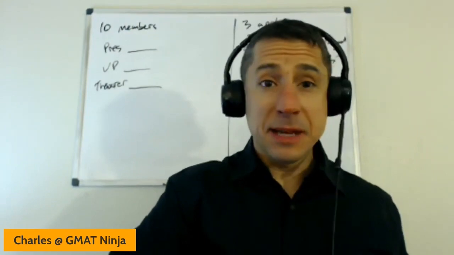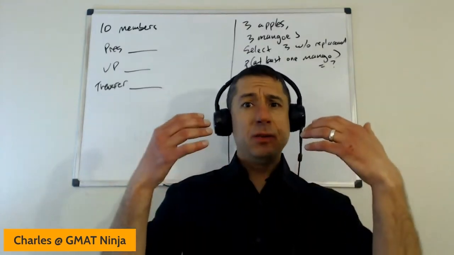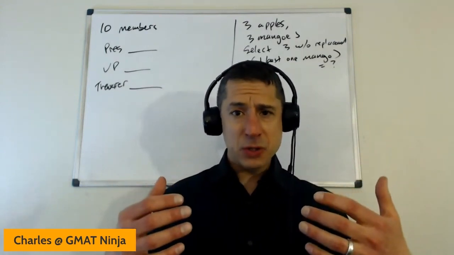All right, looks like time's up. Okay, so theme today: what is it that you're doing wrong in probability and combinatorics?